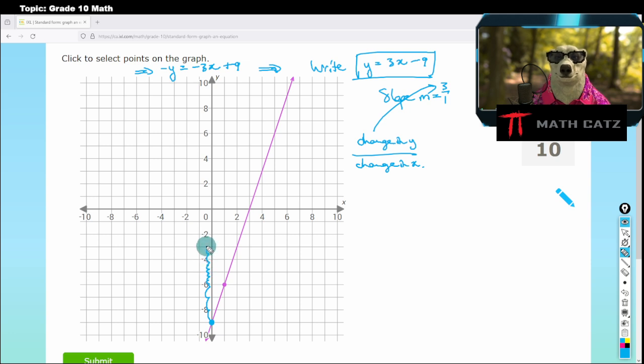I'll do one more, maybe this way. 1, 2, 3. That was 3 groups of 3. So I moved 9 units up. I have to multiply that by 3, so I have to move 3 units over. And you see, that's also a point on the line. So I have a lot of flexibility.